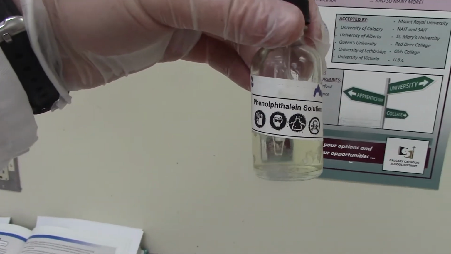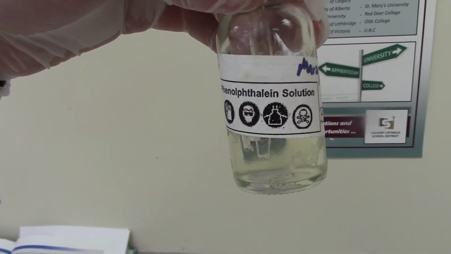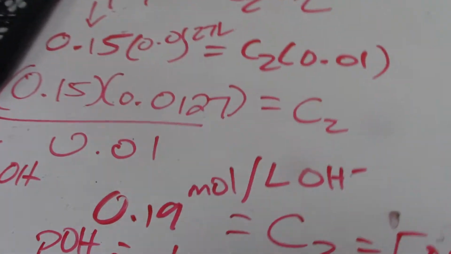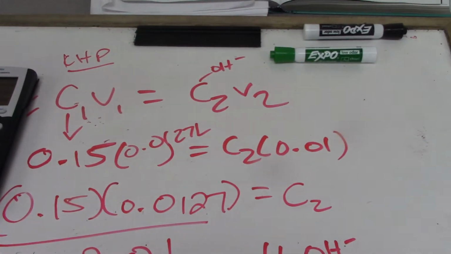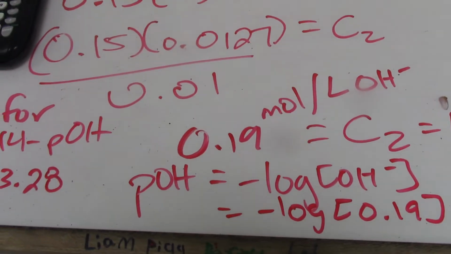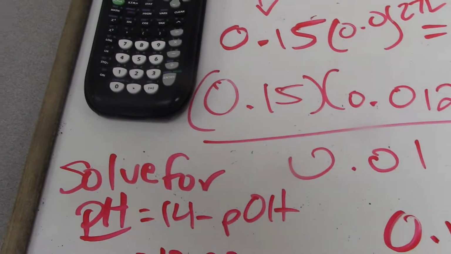And we used an acid-base indicator, phenolphthalein, so we were able to get a qualitative value of neutralization when this changed color. You saw that it went from pink to colorless. And then we were able to quantify that by using C1V1 equals C2V2. And then once we had the concentration of hydroxide, solving for pOH and pH.